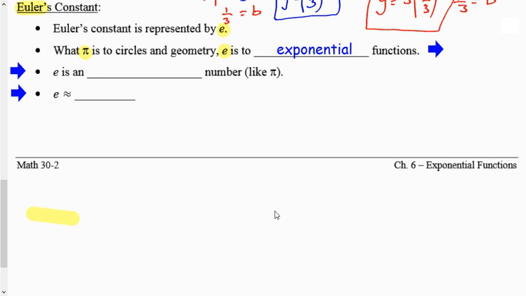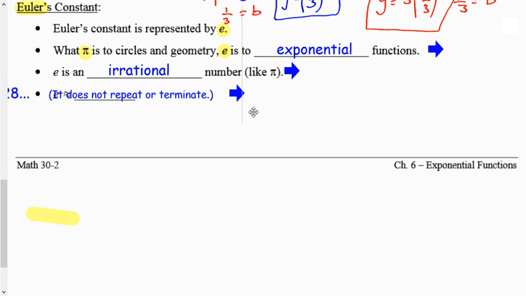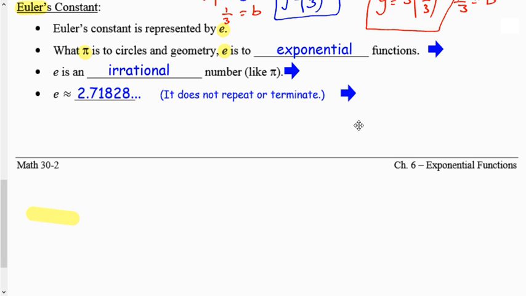Just like pi, E is an irrational number. And approximately, if we put it in decimal form, it's 2.71828. If you look on your calculator, it may look like it repeats, but it doesn't actually repeat. There is no pattern. It is irrational.